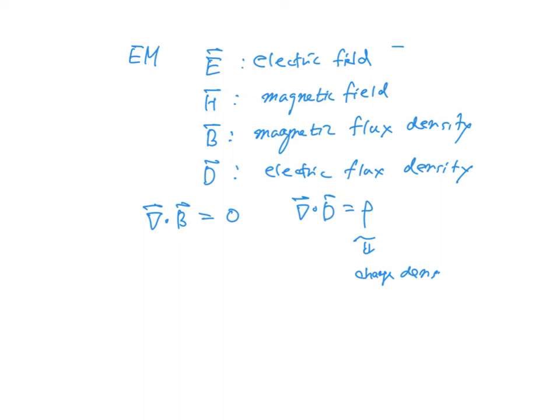And divergence of B is always zero. And divergence of D is related to charge density. And we are going to cover one more vector differential operator called the curl.